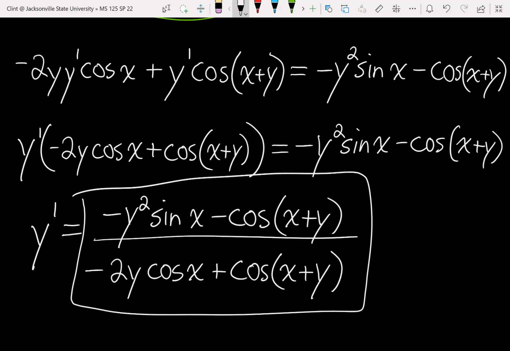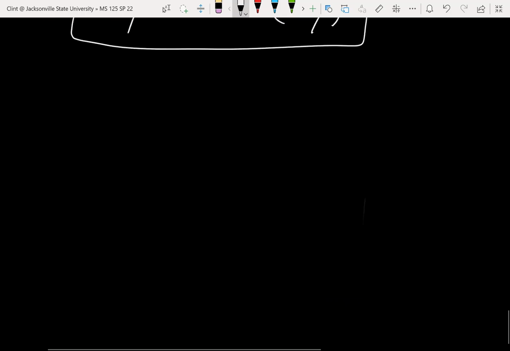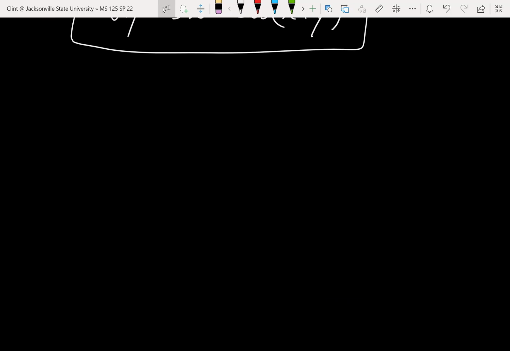Let's do one more. We don't have trig involved in it at least, but we do have another kind of thing to take into consideration thrown at us. And you only have one of these in the assignment, but it says find the second derivative.